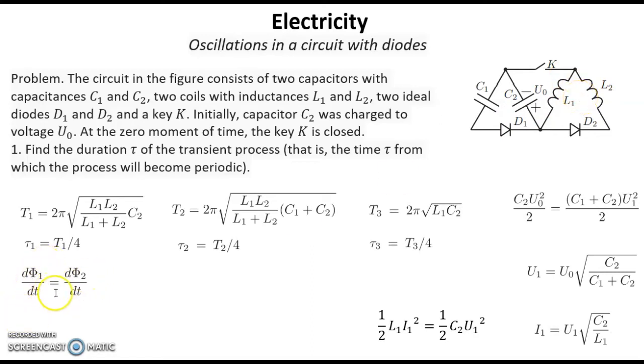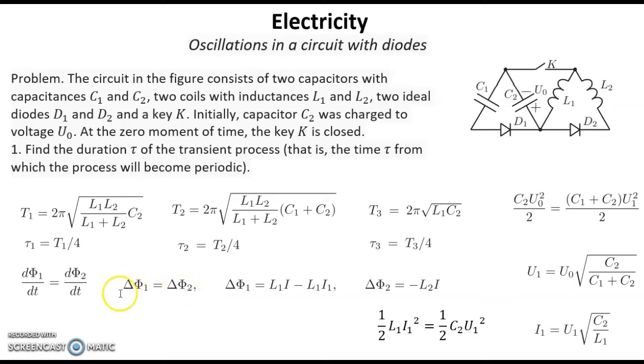And it means that if this is true for any moment, then the total change for any period will be the same. So that's our statement for this period: the total change of the first flux equals the total change of the second flux.